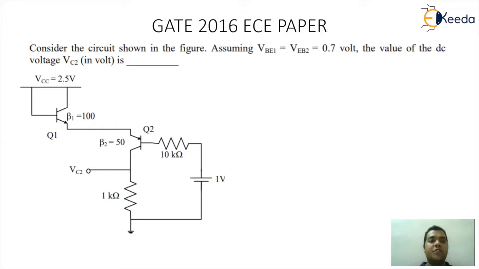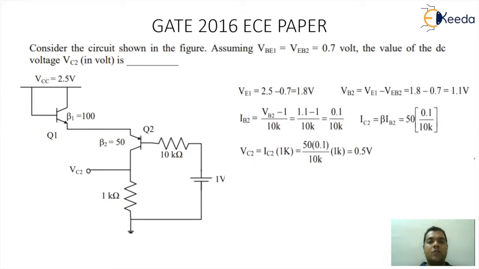Let's have a look at the solution. The first thing that we will do is find the value of emitter voltage 1. So VE1 can be found out by subtracting 2.5 minus 0.7, where 2.5 is the value of VCC, that is the base voltage, and 0.7 is the value of VBE.